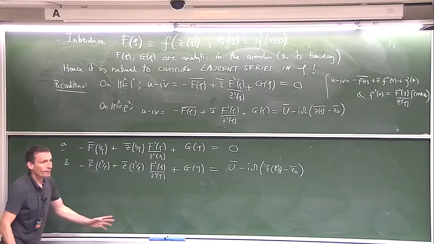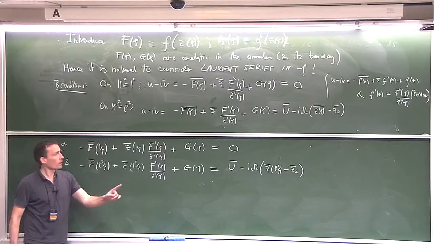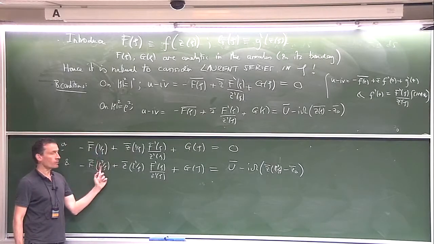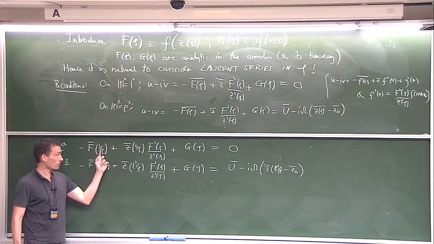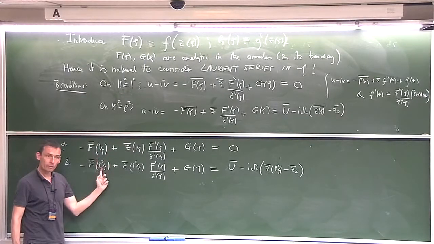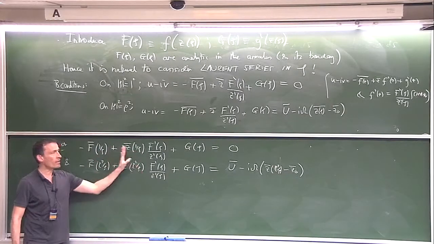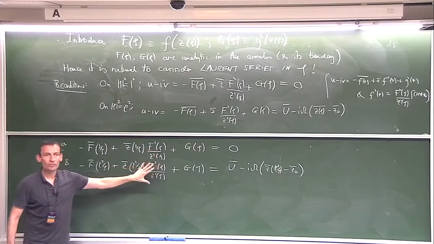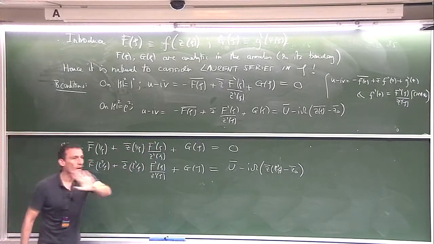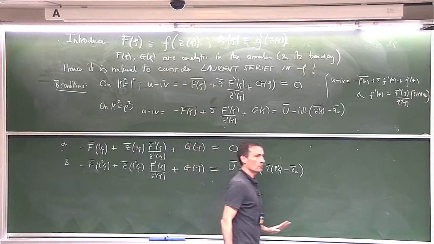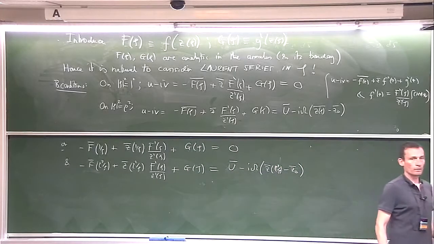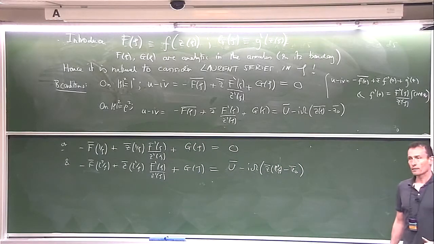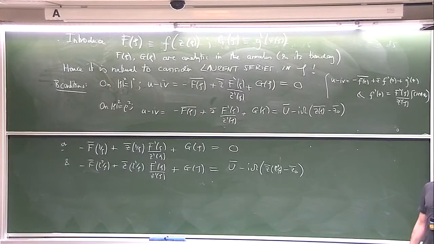But look what I've done. That's very, very important. I've replaced zeta bar everywhere by 1 over zeta on this circle and rho squared over zeta on this circle. Similarly here. So now, in my boundary conditions, there's no longer any barred variables, which means that I can analytically continue these off those circles.